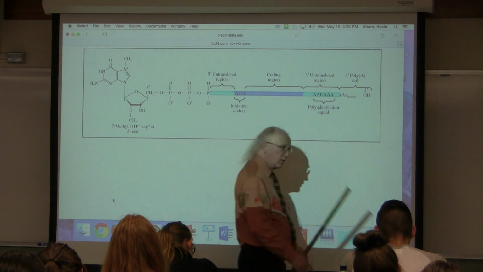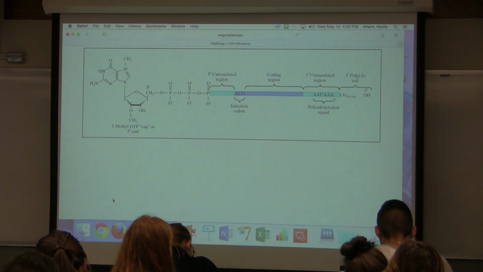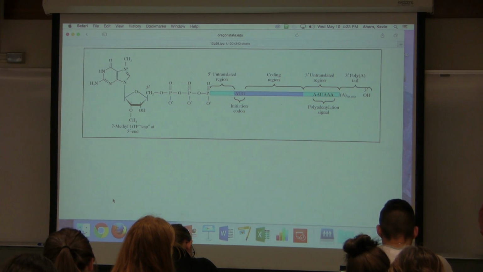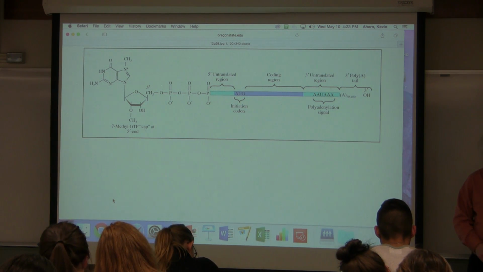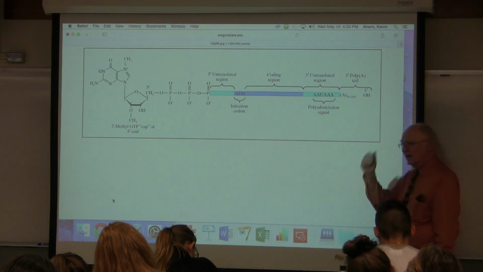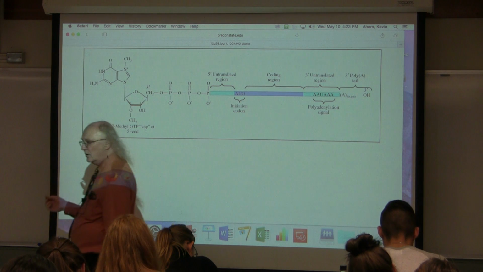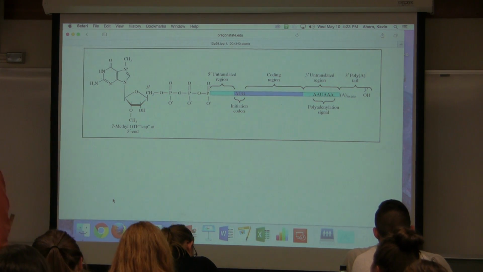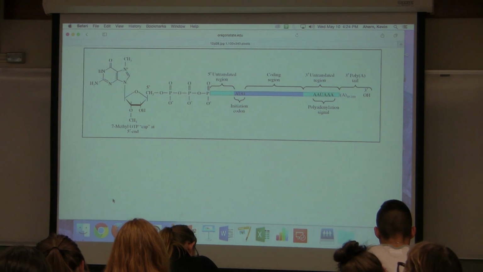They each contain ribosomal RNAs, like the prokaryotic cells. So the small subunit contains a ribosomal RNA called the 18S. Now, one of the differences we see in eukaryotic cells is there's no Shine-Dalgarno sequence.